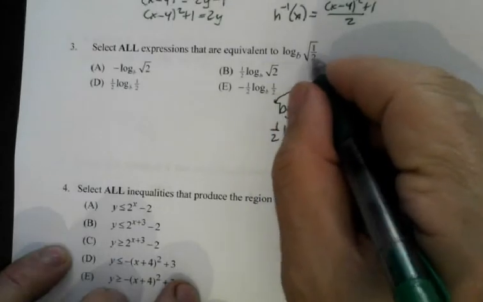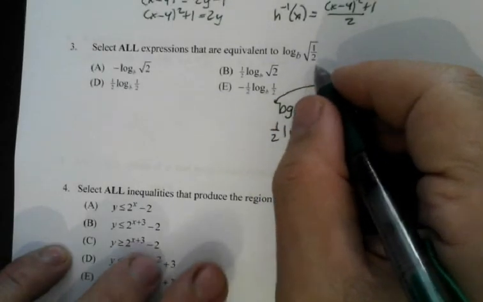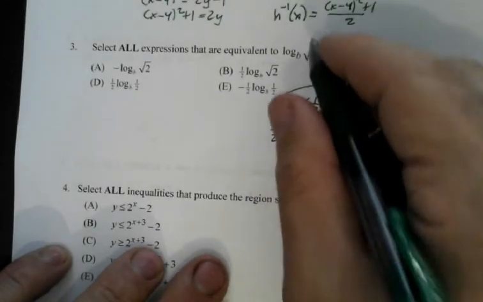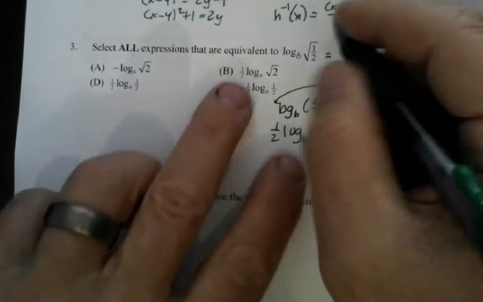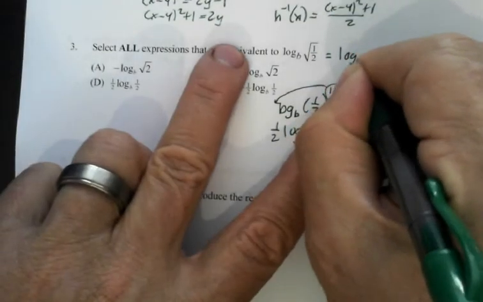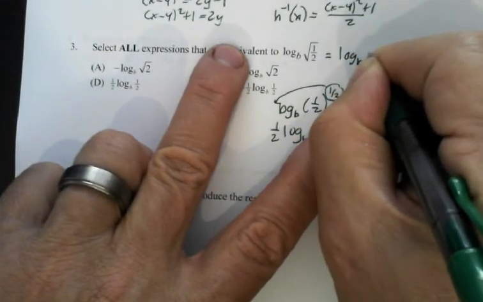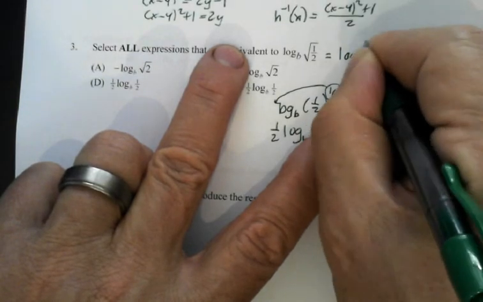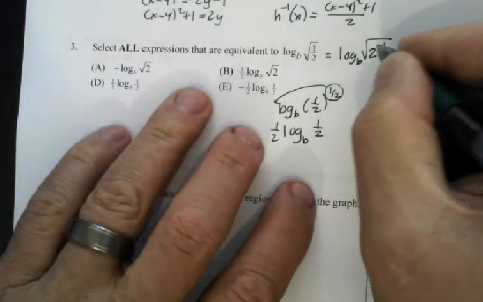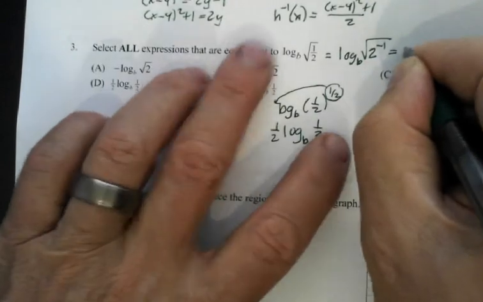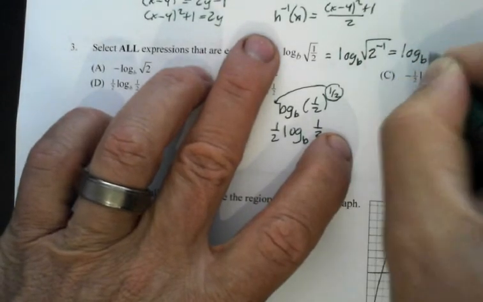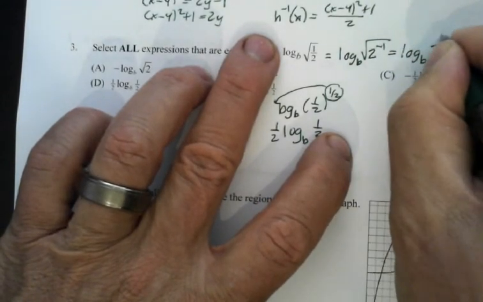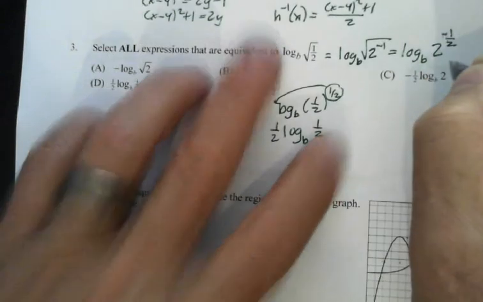If I actually want to rewrite this in terms of base 2, this one right here is equal to log base b of 2 to the negative 1, and then we took the square root. So this one could be rewritten as log base b of 2 to the negative 1/2.